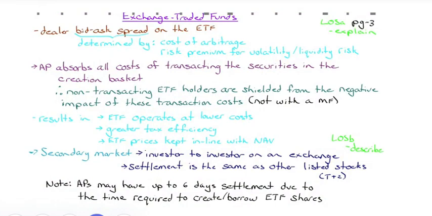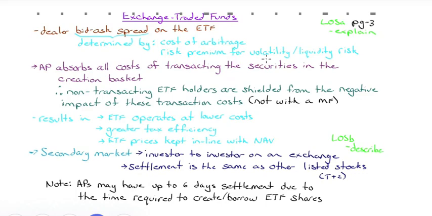The dealer bid-ask spread on the ETF. Now remember, the dealer, the authorized participant, which we now call the dealer, gets ETF shares from the ETF sponsor and then sells that in the market and stands ready to buy and sell shares of the ETF. Well, there's a bid-ask spread. That's determined by the cost of arbitrage. The more expensive it is to arbitrage, the wider the spread will be on the ETF itself, and a risk premium for volatility and liquidity risk.